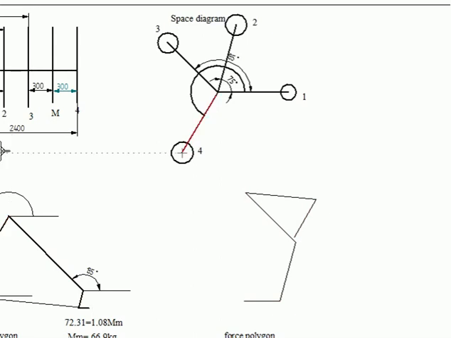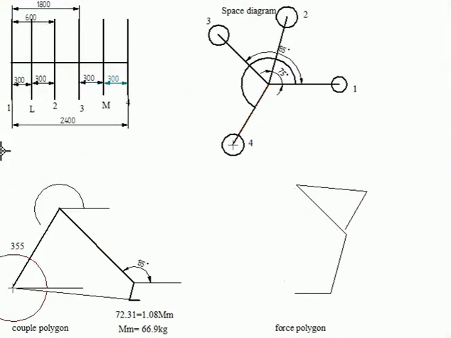So after this, if you connect the starting point of the polygon with the end point of the polygon, measure this dimension. Dimension is 47.08.